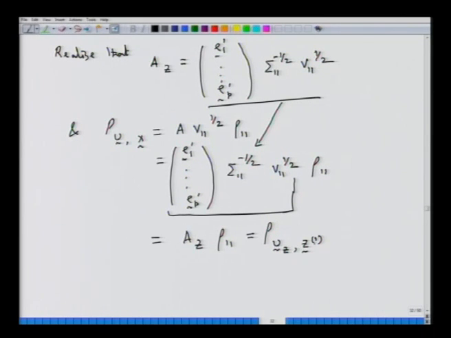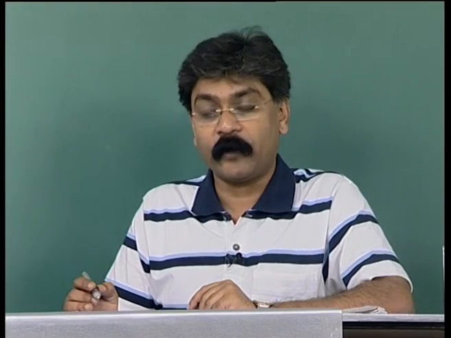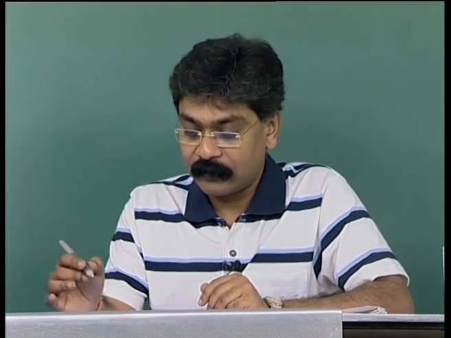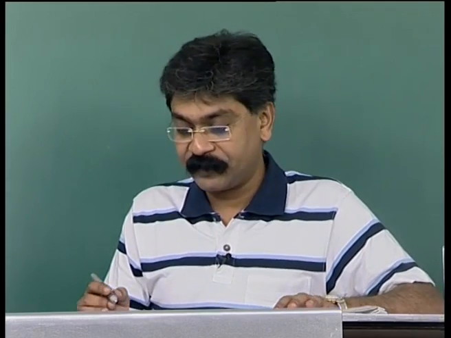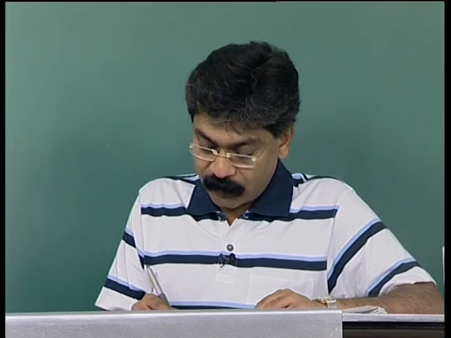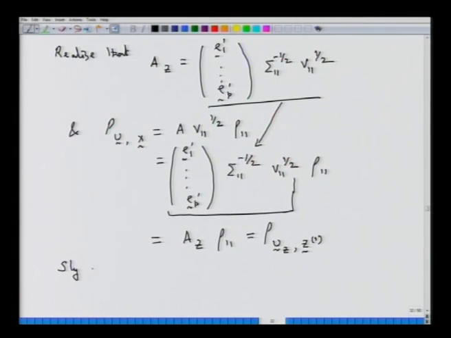So, what is the observation? The observation is that the correlation matrix is unchanged under this change in the starting point, that instead of looking at the covariance matrix, we are now looking at the correlation matrix and deriving the canonical variables straight away from the correlation matrix. Now, similar is the situation for the other expressions.